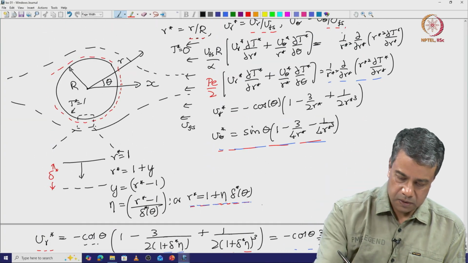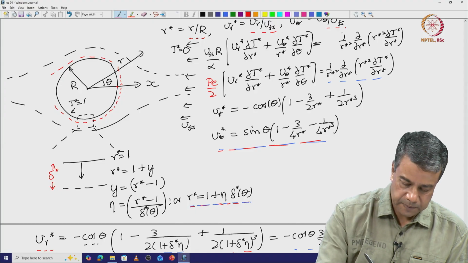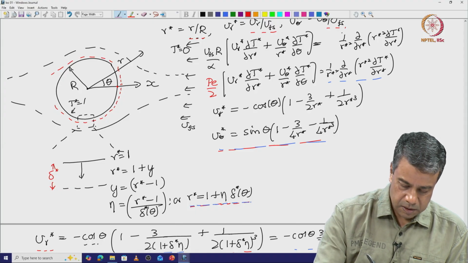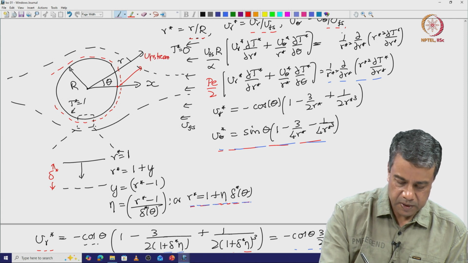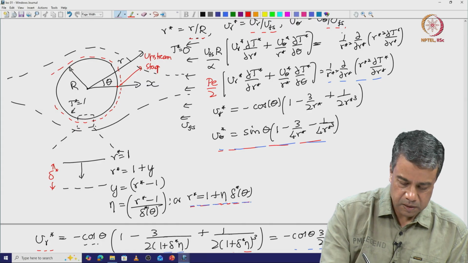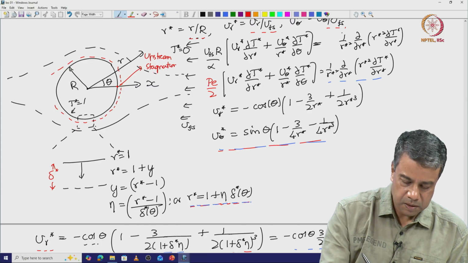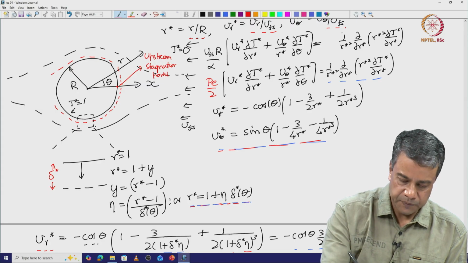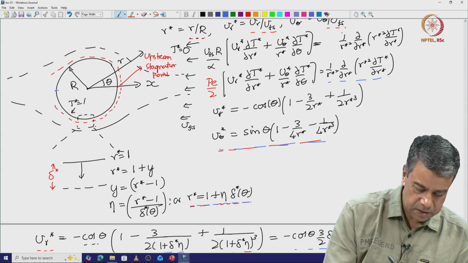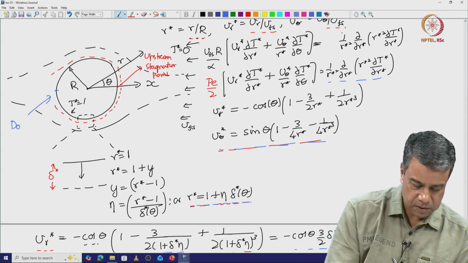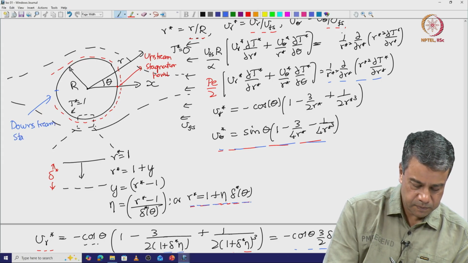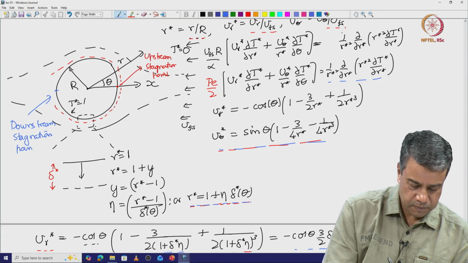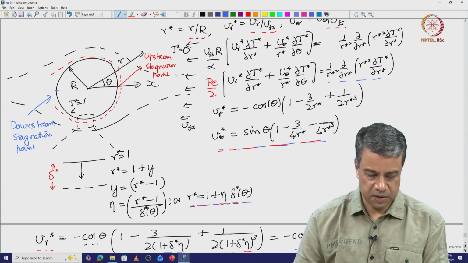Theta equal to 0, recall, is what is called the upstream stagnation point. And theta equal to pi is the downstream stagnation point.